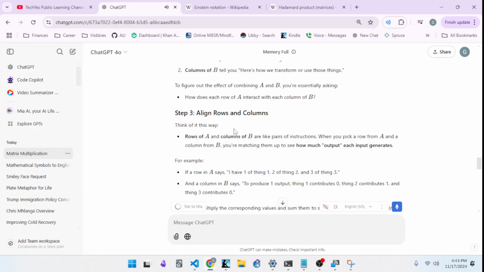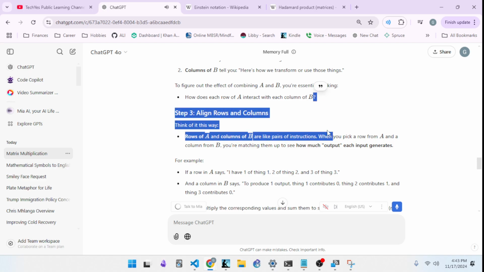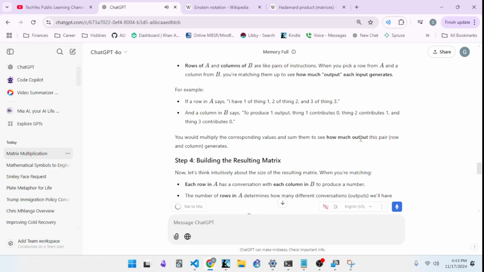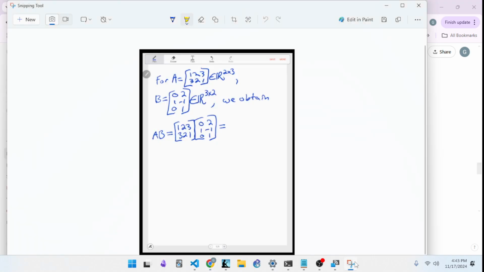Step 3. Align rows and columns. Think of it this way. Rows of A tell and columns of B as are like pairs of instructions. When you pick a row from A and a column from B, you're matching them up to see how much output each input generates. For example, if a row in A says I have 1 of thing 1, 2 of thing 2, and 3 of thing 3, and a column in B says to produce one output, thing 1 contributes 0, thing 2 contributes 1, and thing 3 contributes 0.